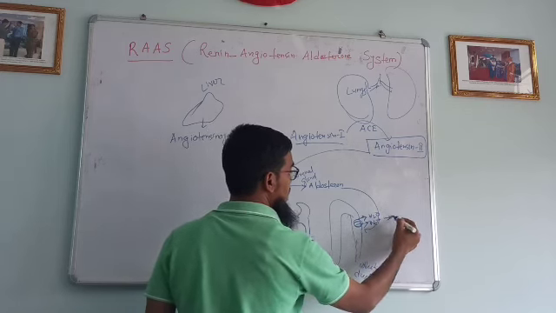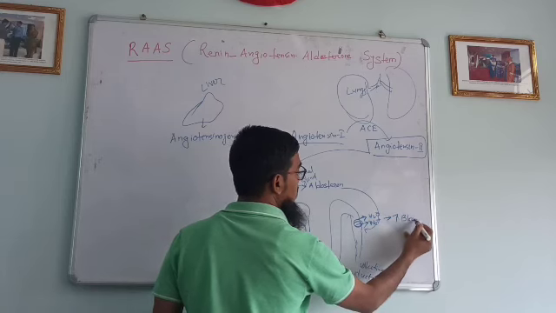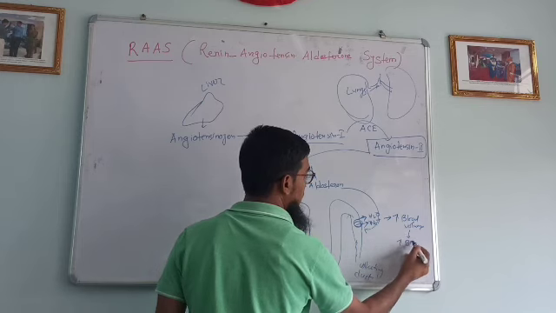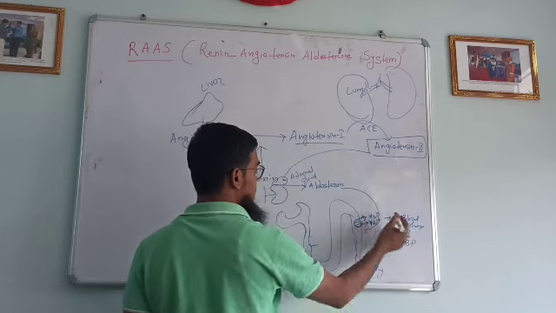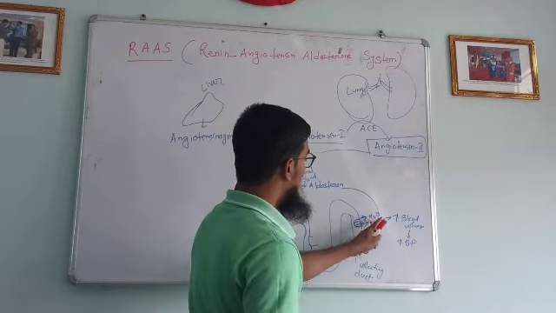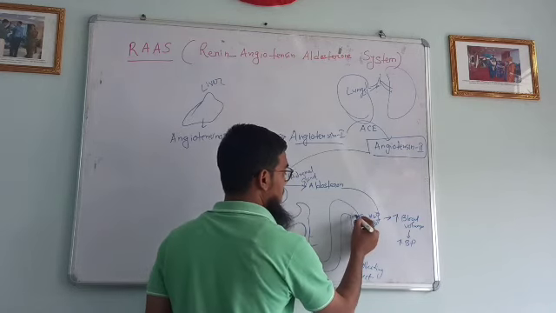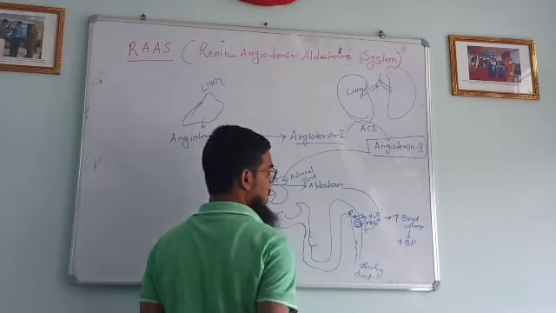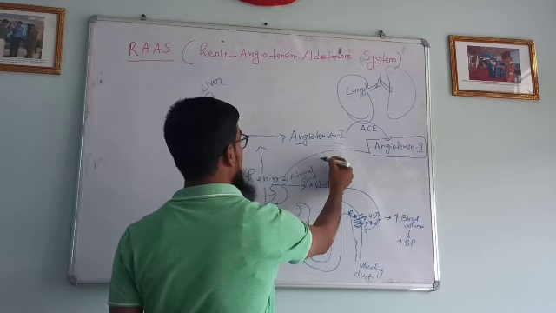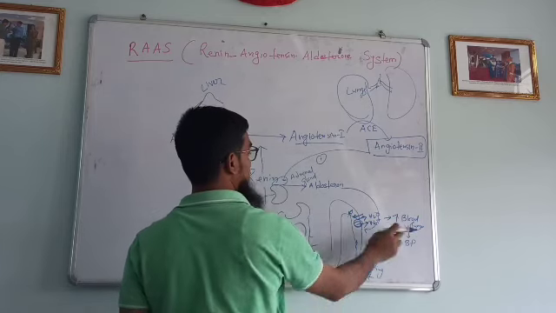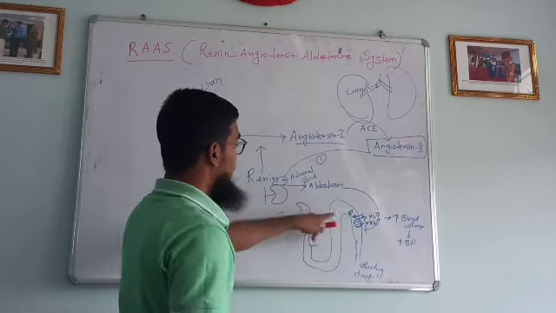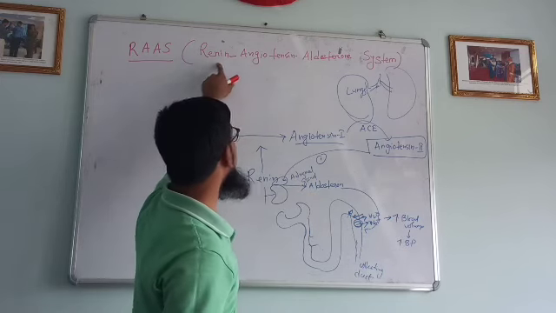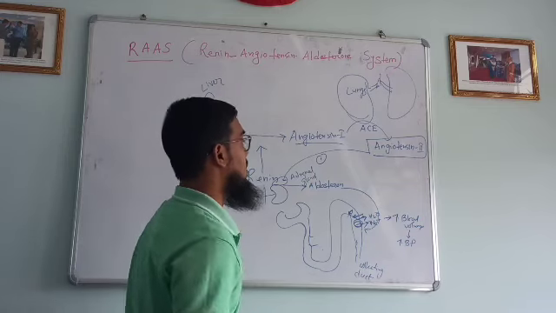By this it increases blood volume and finally increases blood pressure. Meanwhile, it absorbs water and sodium and releases potassium into the urine. So the first mechanism by which angiotensin increases blood pressure is by releasing aldosterone. That's why it is called the renin, angiotensin, aldosterone system.